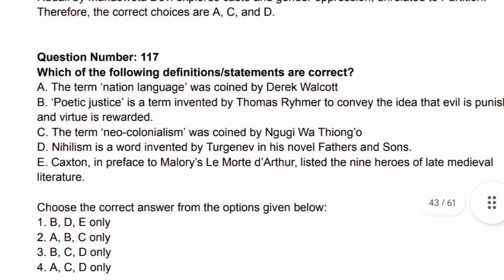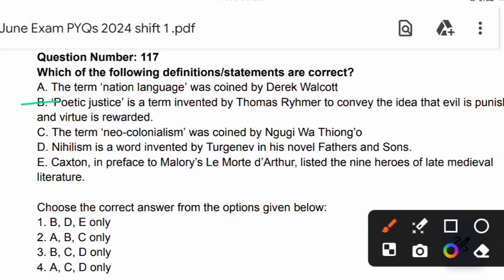Next question you have: which of the following definition statements are correct? Option A, the term nation language was coined by Derek Walcott. Option B, poetic justice is a term invented by Thomas Rymer to convey the idea that evil is punished and virtue is rewarded. C, the term neo-colonialism was coined by Ngugi wa Thiong'o.